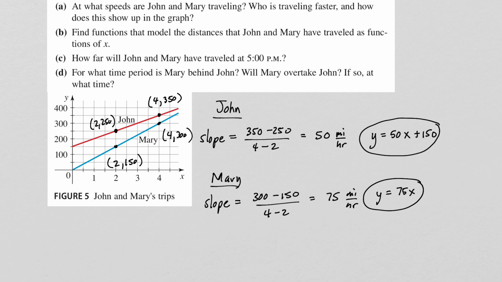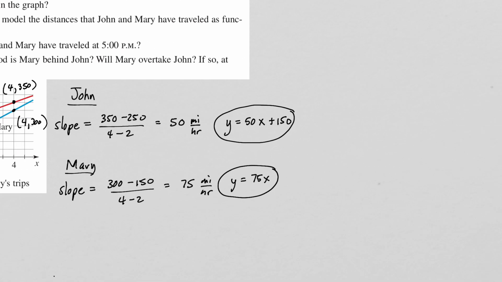Now for the next part, how far will John and Mary have traveled at 5 p.m.? Let's keep in mind that 5 p.m. corresponds to x equals 5, right? Because 0 is noon, so 5 hours later would be 5 p.m. If we plug in x equals 5 for John, we have y equals 50 times 5 plus 150, and this is equal to 400.